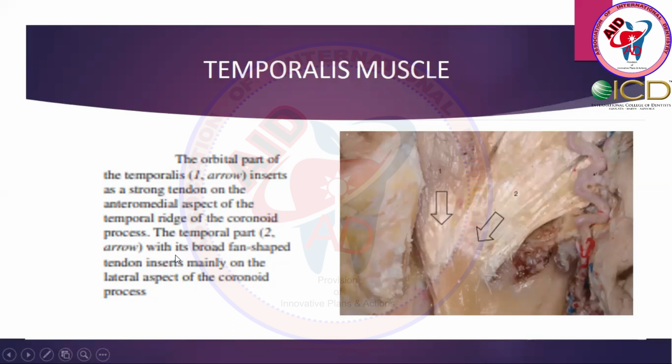While the second broad fan-shaped tendon inserts mainly on the lateral aspect of the coronoid process right here. The anterior head generally goes for the anterior placement on the coronoid process, while the posterior goes more medially. When we see it clinically, it is more oriented.